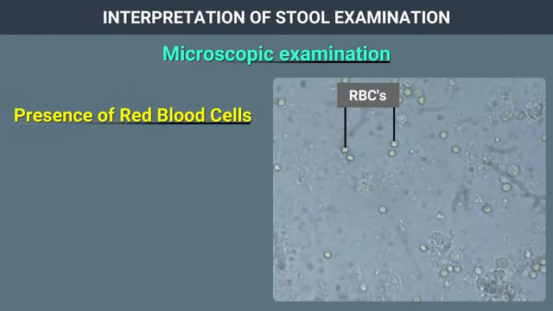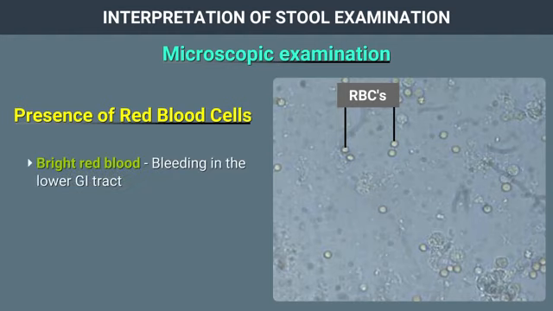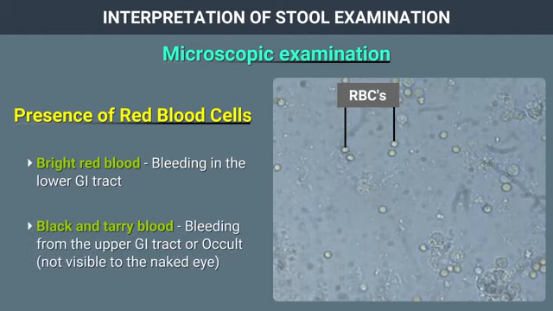Presence of red blood cells in the stool. Blood in stool can be bright red from bleeding in the lower gastrointestinal tract, or black and tarry from bleeding from the upper gastrointestinal tract, or occult, which is not visible to the naked eye.